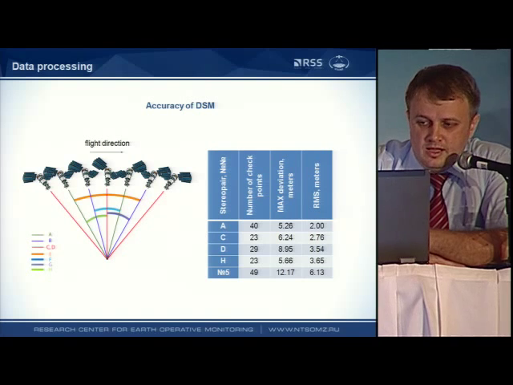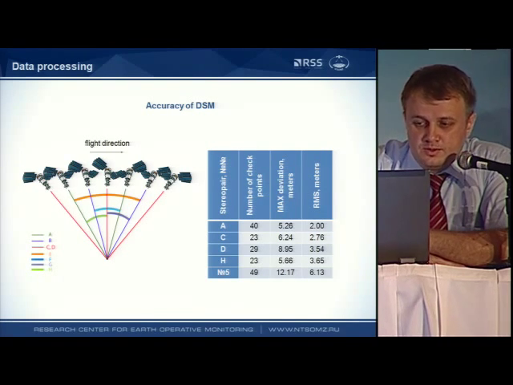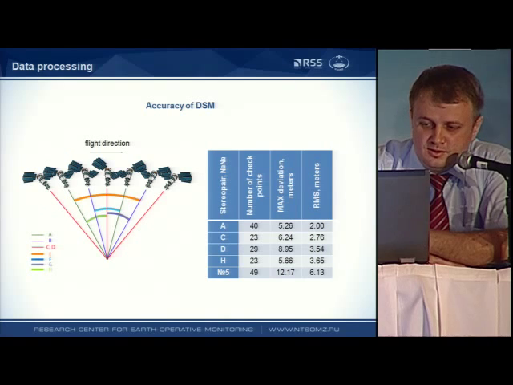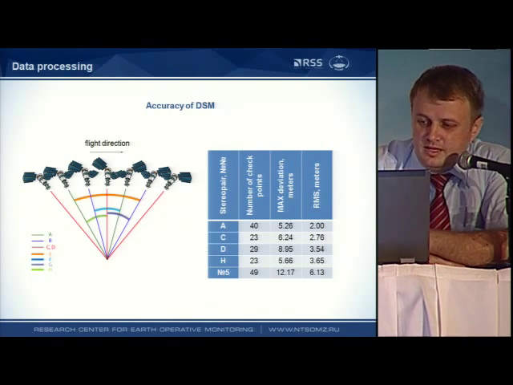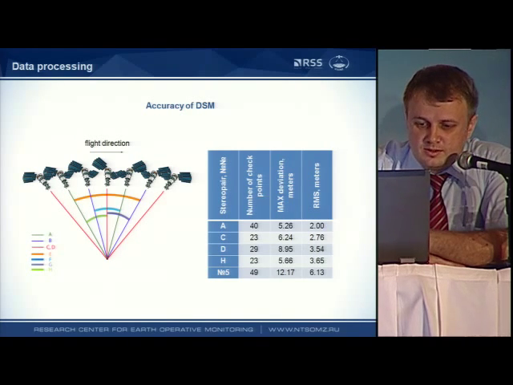There is a table to the right which shows the precision of digital terrain models, and there's also a digital DSM model. It's marked by number 5. This is the DSM based on all 7 images that we had used during processing.